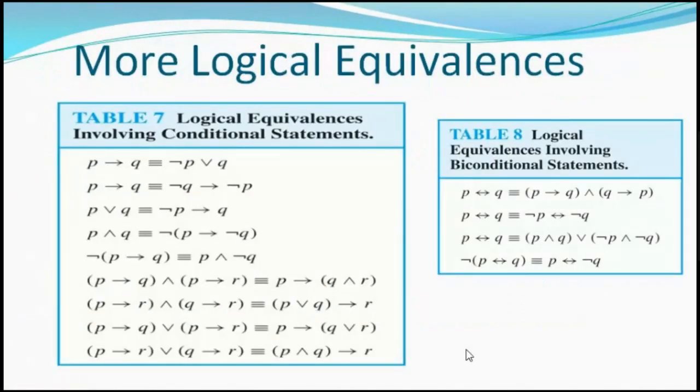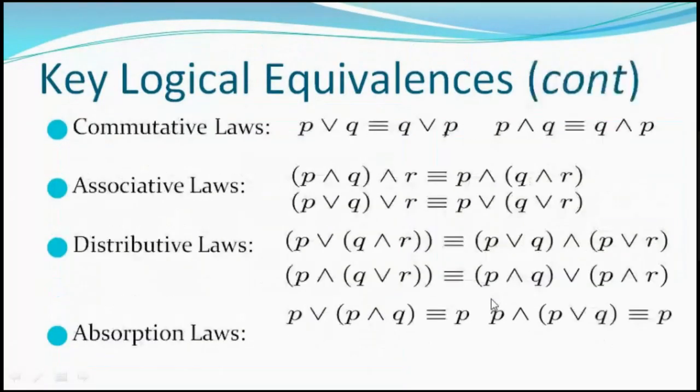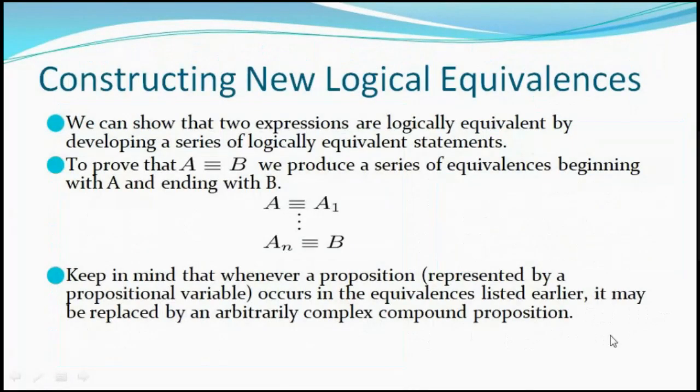That means if you find this kind of pattern that we have seen in the previous slides, you can directly substitute these logical patterns or compound propositions there and reduce it.